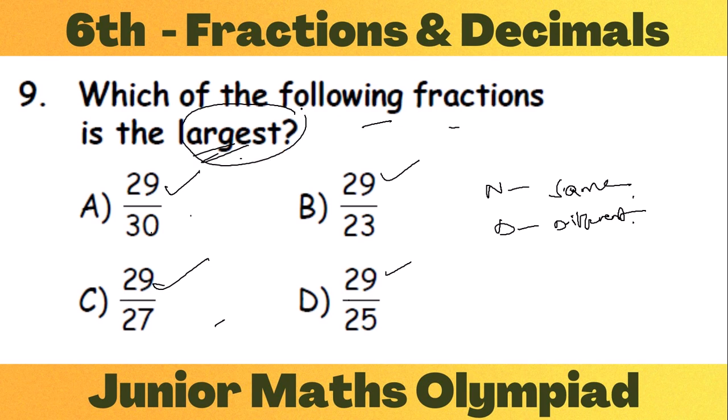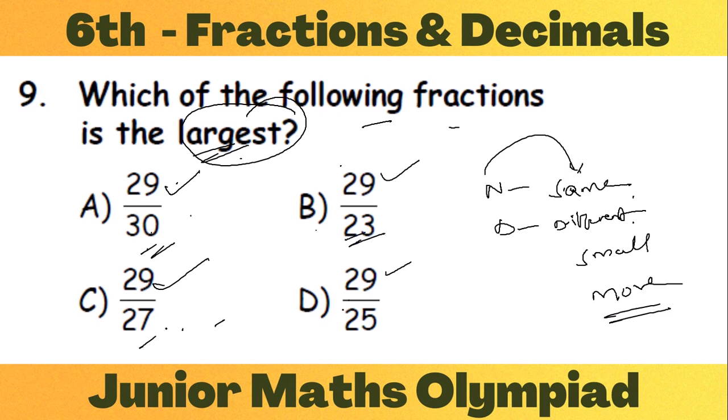To find out the largest fraction, as the numerators are same, if the denominator is small, then its value will be more. Same numerator with the small denominator, value will be more. Out of 30, 23, 27, 25, which denominator is small? This 23 is small. So this fraction B value will be largest compared to all. So option B is right.